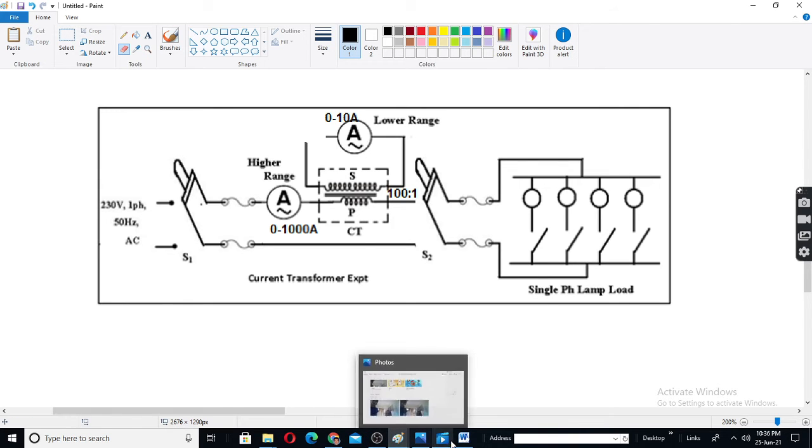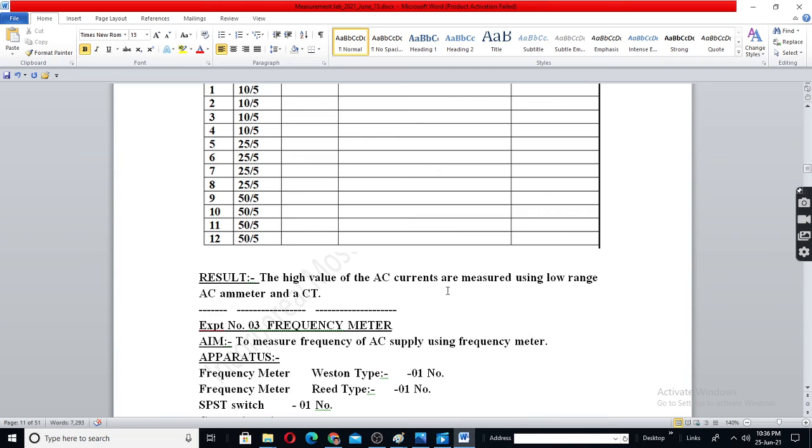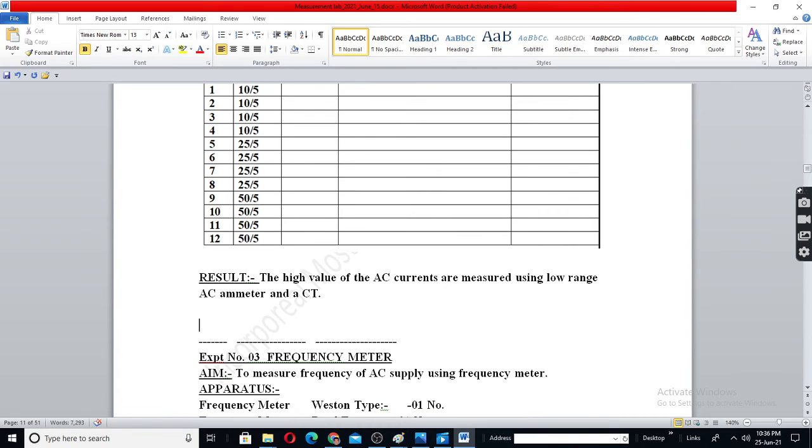See, for a transformer, we know V1 I1, or VP IP. Let us write VP IP, primary voltage into primary current, is equal to VS IS, secondary voltage into secondary current.